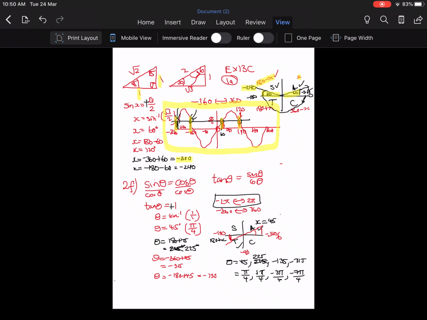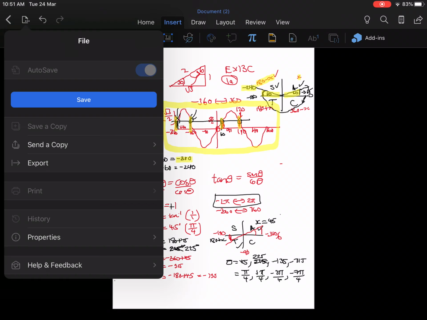Okay, so there's the full page of what I've done. How do I insert another page? Surely there must be another way. You can't have a document that's just got one page.